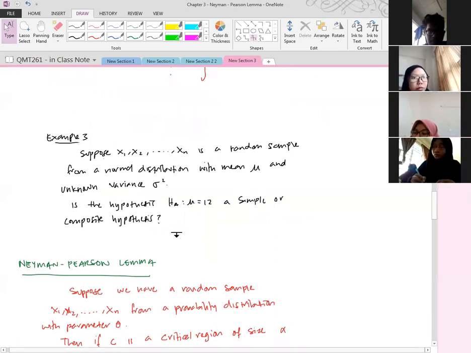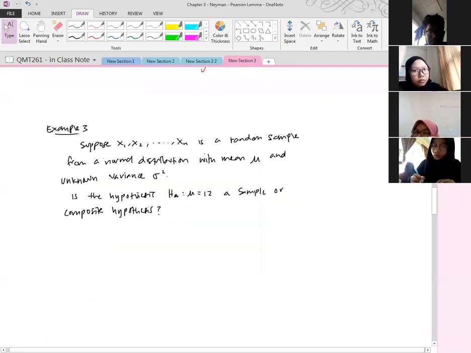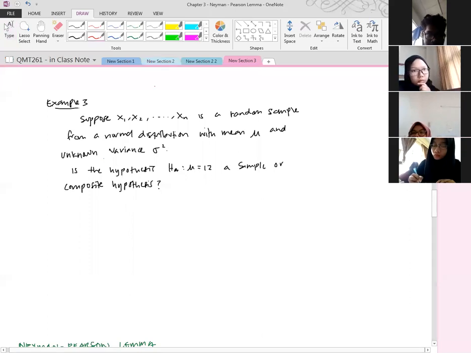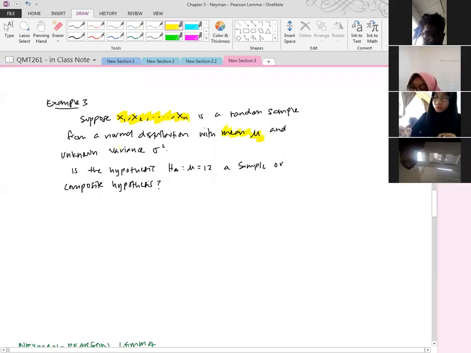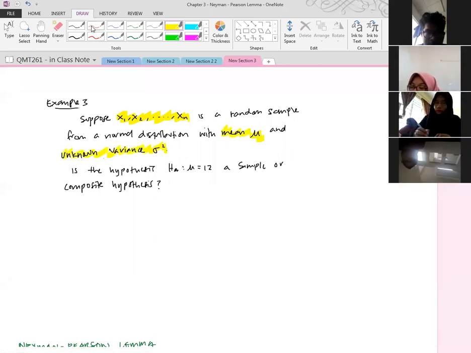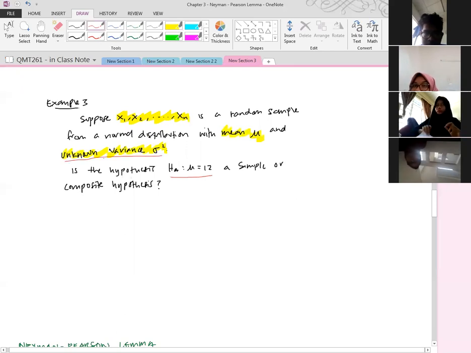Under example number 3, suppose that we have x1 until xn, a random sample from a normal distribution with mean equal to mu and unknown variance sigma squared. So we know the value of mu, but we don't know the value of the variance.